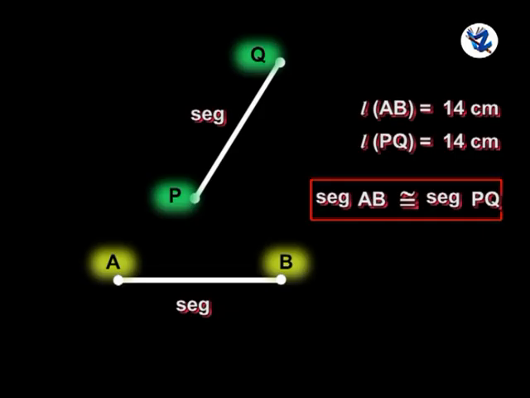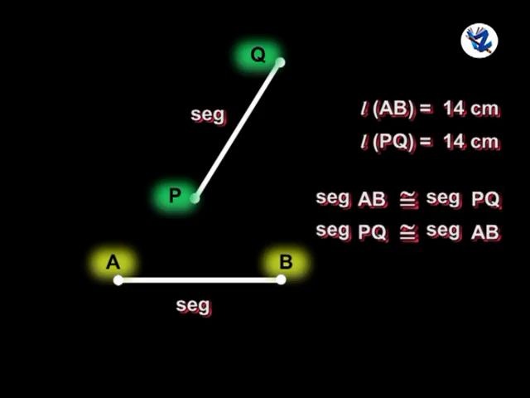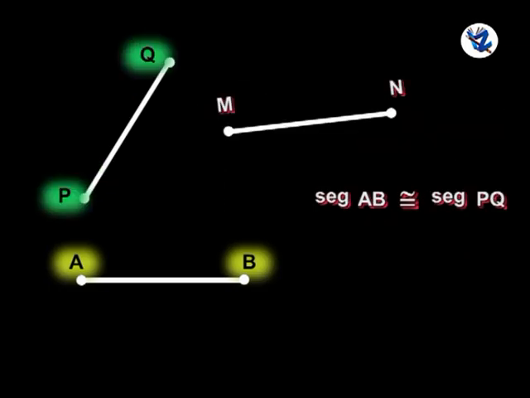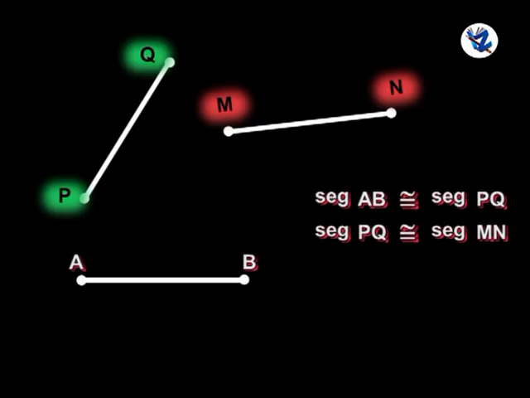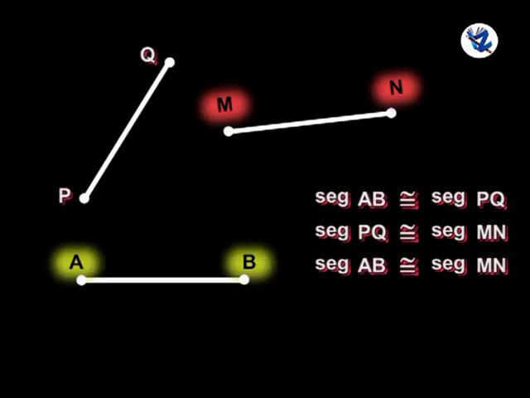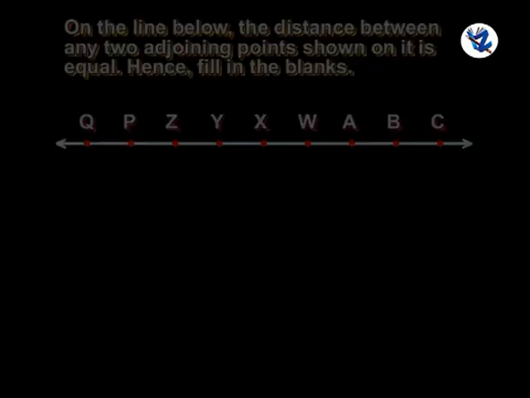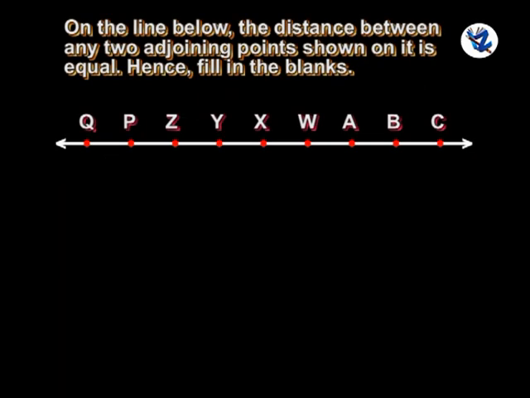If seg AB is congruent seg PQ, that means seg PQ is congruent to seg AB. Also, if seg AB is congruent to seg PQ and seg PQ is congruent to seg MN, then seg AB congruent seg MN.